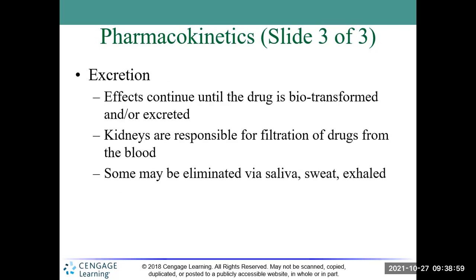Excretion. So this is basically the elimination. So once the effects have continued and through the biotransformation, then the excretion, we're still getting the effects of it. Know that the kidneys are responsible for the filtration of the drugs from the bloodstream.